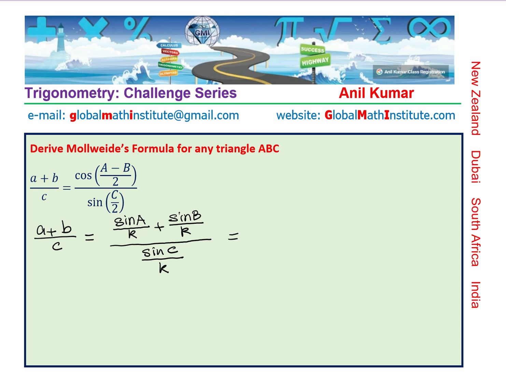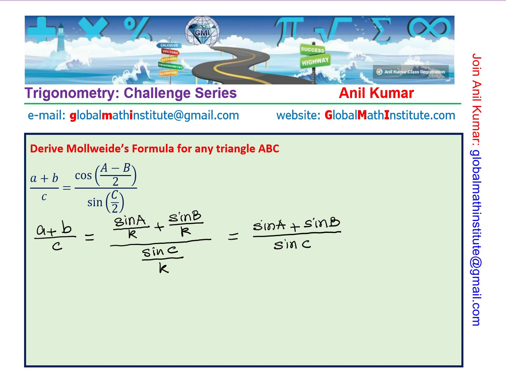So these constants cancel away, just multiply by k in the numerator and denominator, which gives us sine A plus sine B over sine C, correct? So we got to this stage, we just wrote A plus B over C as sine A plus sine B over C.